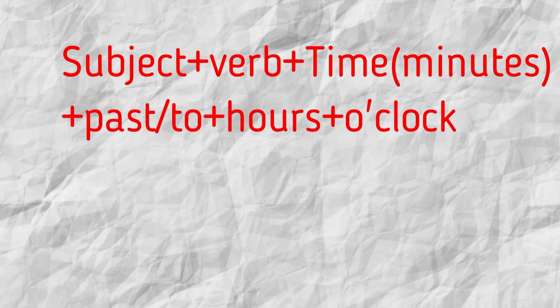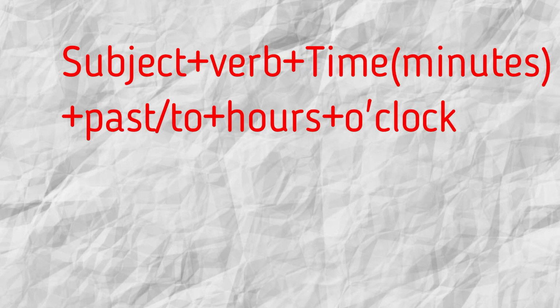Second type of sentence is subject plus the verb plus the time. Here, we don't have just hours. We also have minutes, which we always start with when they exist with past or to. After that, we add past or to, then the hours with o'clock at the end.